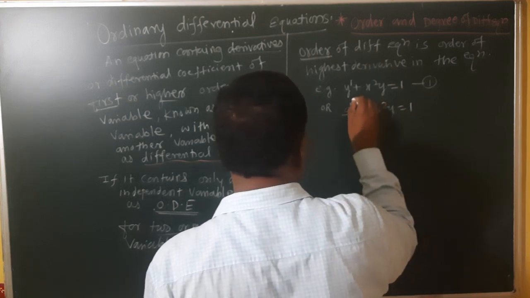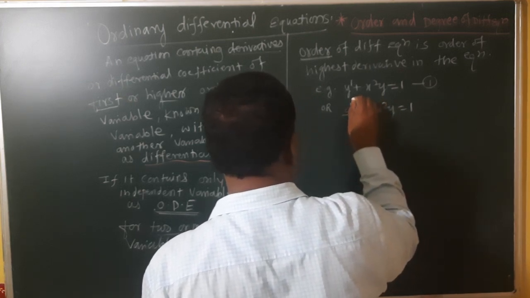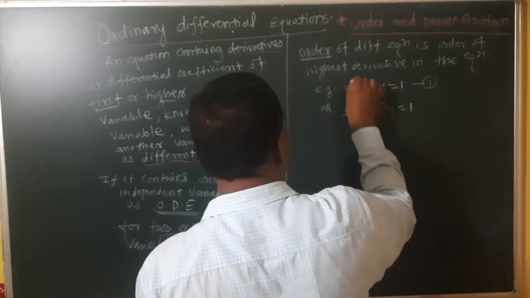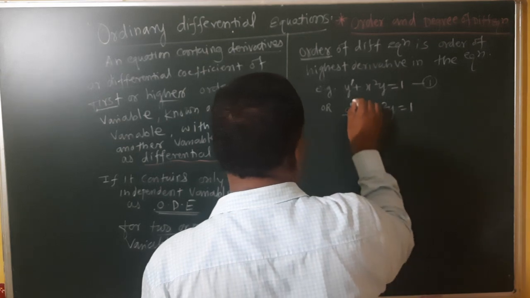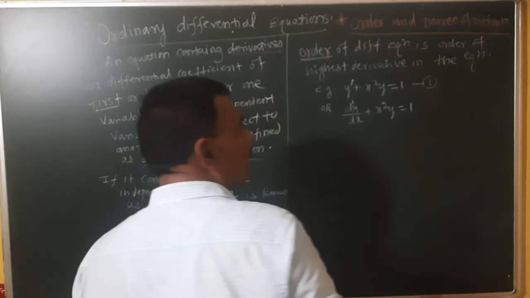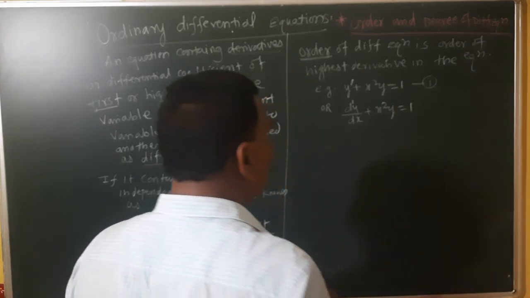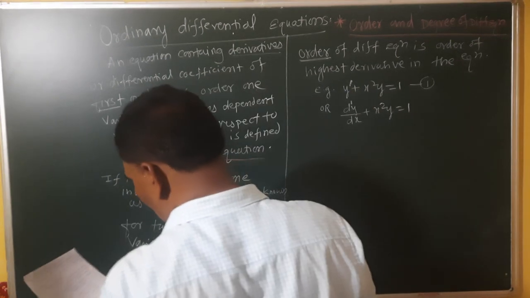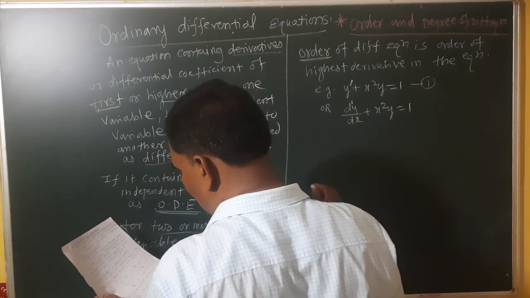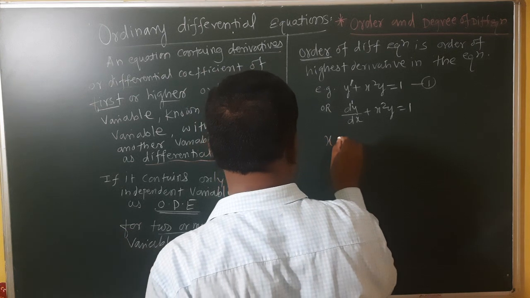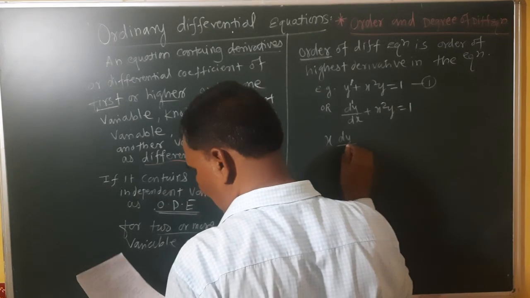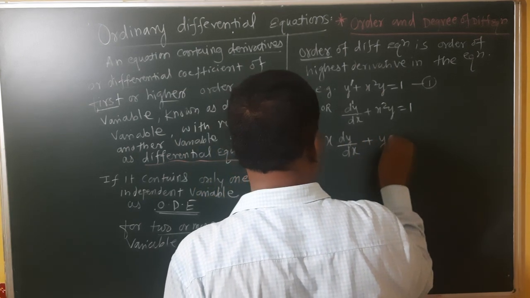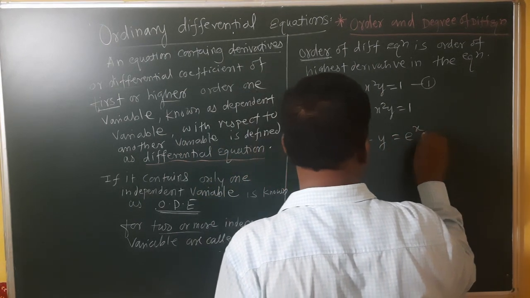What is the order of this equation? y dash is considered as dy by dx, the first derivative, so the order here is 1. Now another equation: x into dy by dx plus y equals e raised to x.